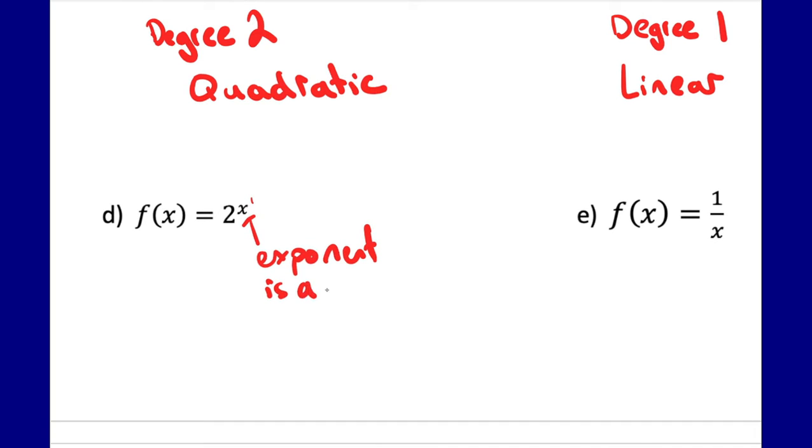Because the exponent is a variable, we can't talk about the exponent on the exponent. So this would be an example of neither. The variable has to be part of the actual term, not the exponent. So this is neither, and technically this is actually an exponential function, which we will look at later.